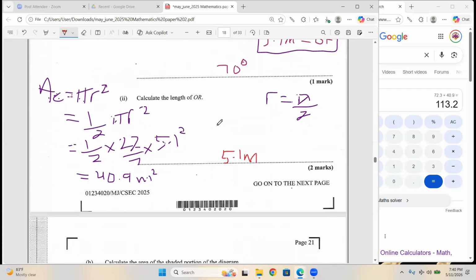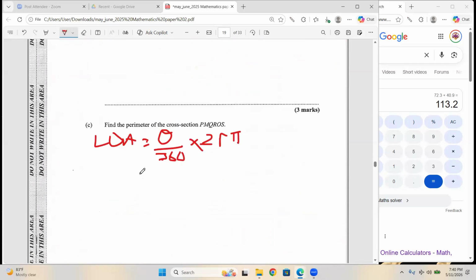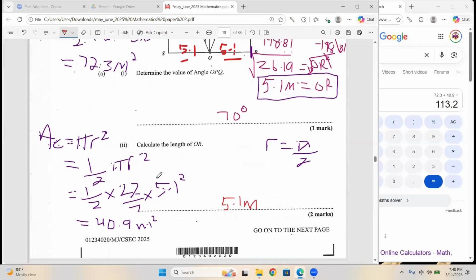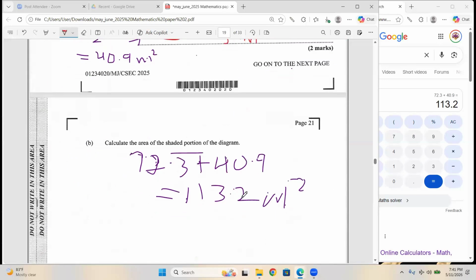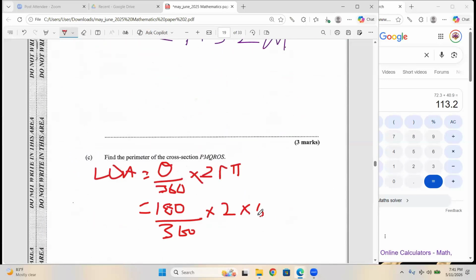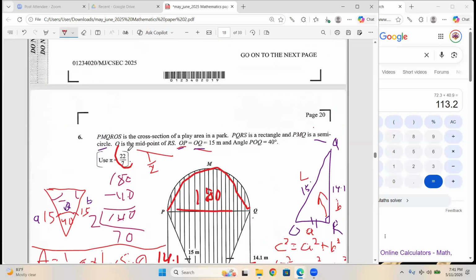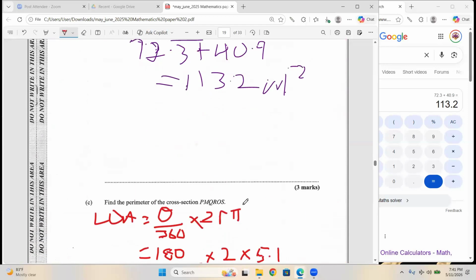So theta will be 180 degrees divided by 360 multiplied by 2. We know the radius that we talked about just now. The same radius is going to be 5.1. And they told us to use pi as 22 over 7 here. So we're using pi again as 22 over 7.